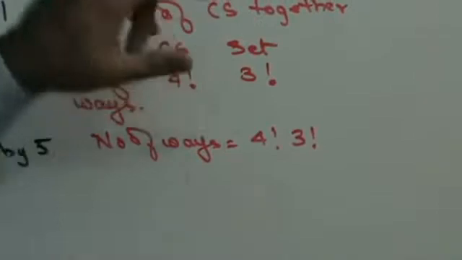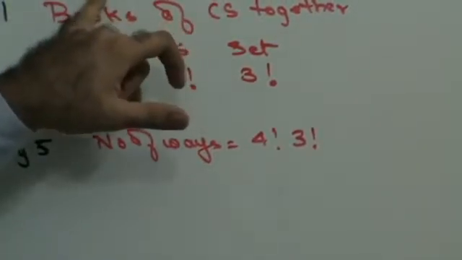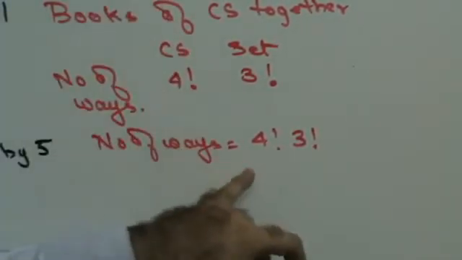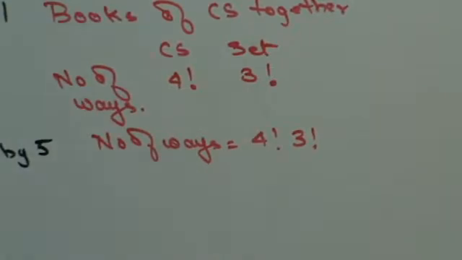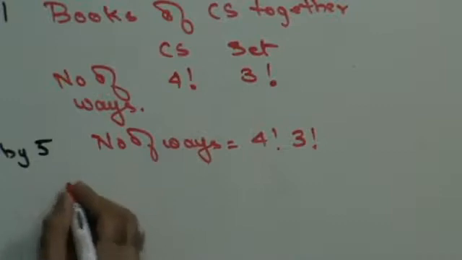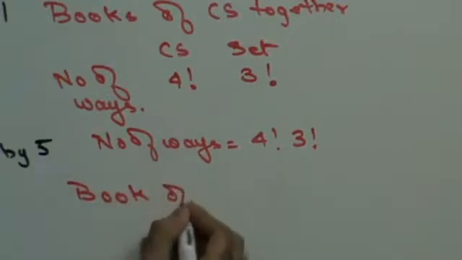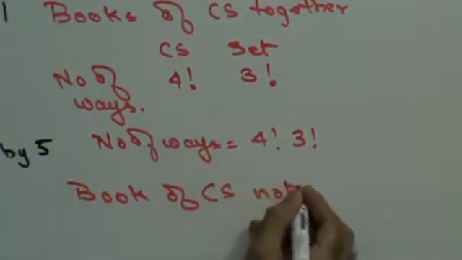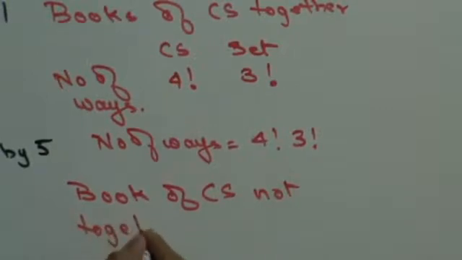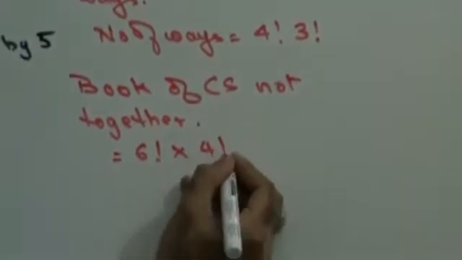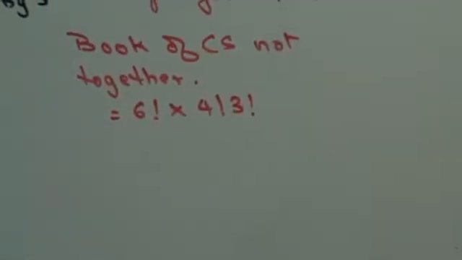Now guys, these are the total number of ways in which books can be arranged. These are the ways in which books of computer science are together. That means in how many ways are they not together? Books of computer science not together is going to be 6 factorial minus 4 factorial into 3 factorial.